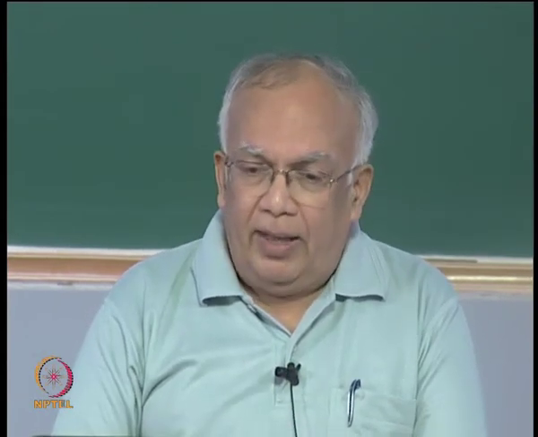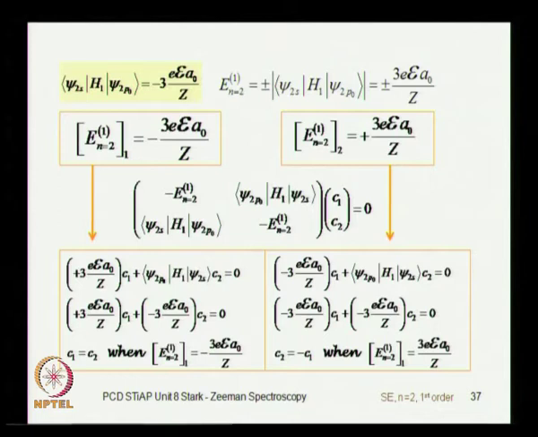Now, if you take the other one, with the plus sign, when you do the same insertion in this matrix equation, you find that because both these terms now have a minus sign, that requires C2 to have the negative of the sign of C1. So one will be 1 over root 2, the other will be minus 1 over root 2.